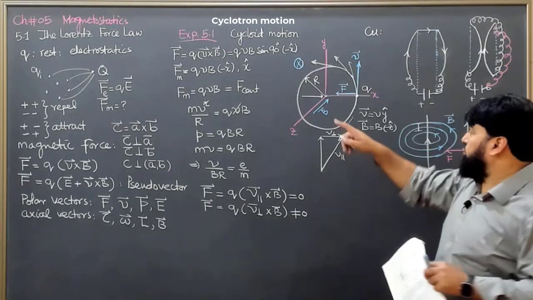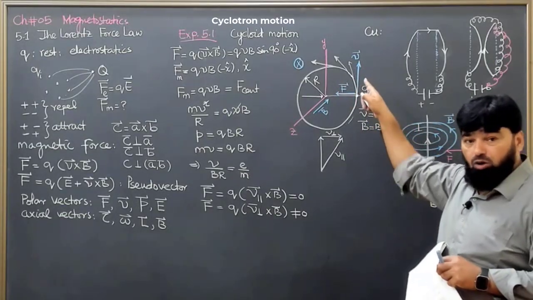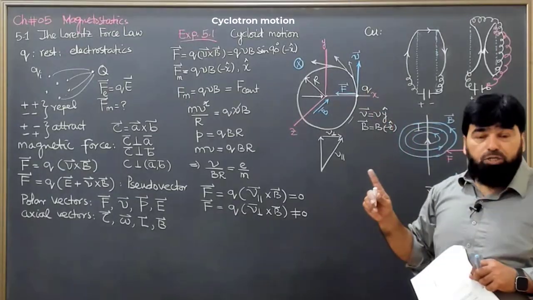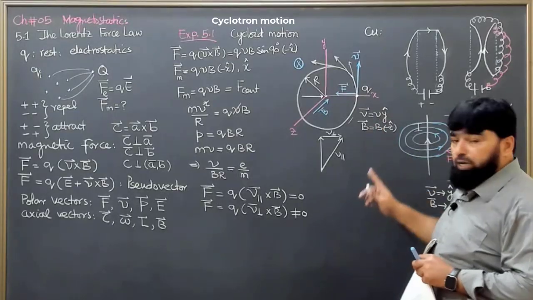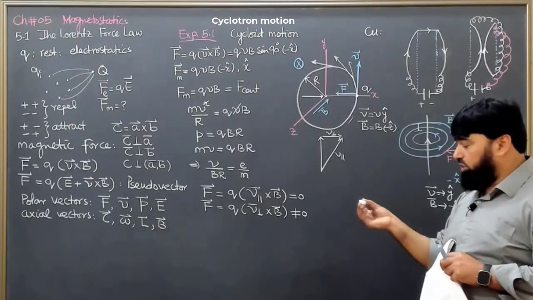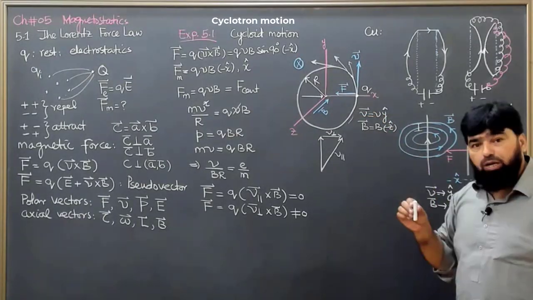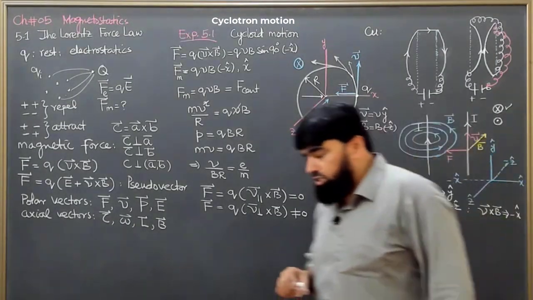We have the velocity component which will be into the board, along the direction of the magnetic field. It will experience no force in that direction, and only the perpendicular component, which goes this way and this way, will get the force. And what will be the result?